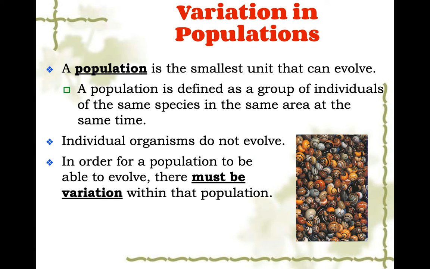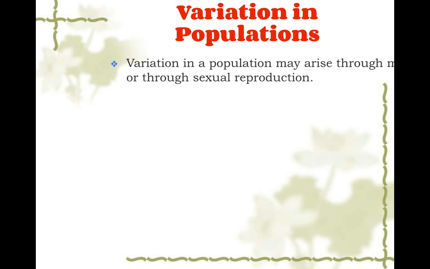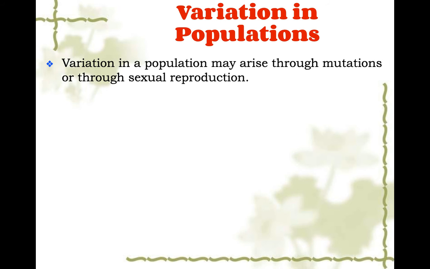In order for a population to be able to evolve, there must be variation within that population. So if every single organism in the population is exactly the same, that population is not going to be able to evolve. Now, that situation doesn't really happen in nature where everything is exactly the same, and that is because variation can arise through a couple different ways.